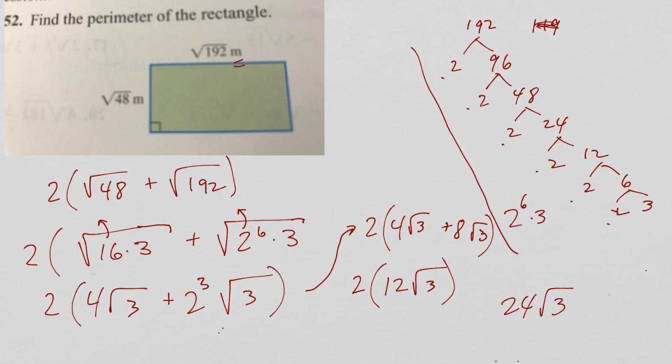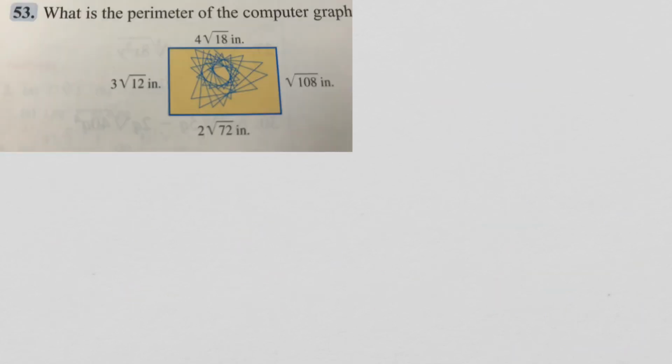And don't forget, this is in meters. So this is a meter. Okay, so the perimeter is the sum of all 4 sides. I don't think you can necessarily assume that this is a perfect rectangle, although it probably is. But you can't just add up 2 sides and multiply by 2 just in case it's not a perfect rectangle.